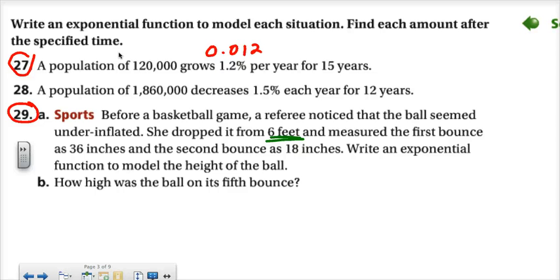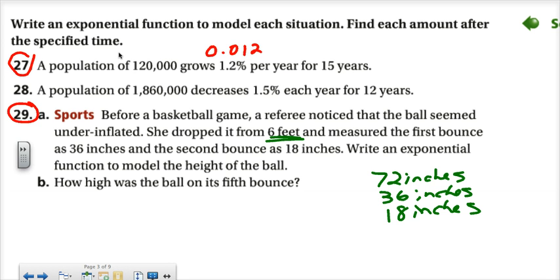Well, 6 feet, 6 times 12 will give you 72 inches. And then the next bounce was 36 inches. And the next bounce was 18 inches, and we can see this is going down by a half. So it started at 72 inches, but each time it's bounced, it is going down by half.